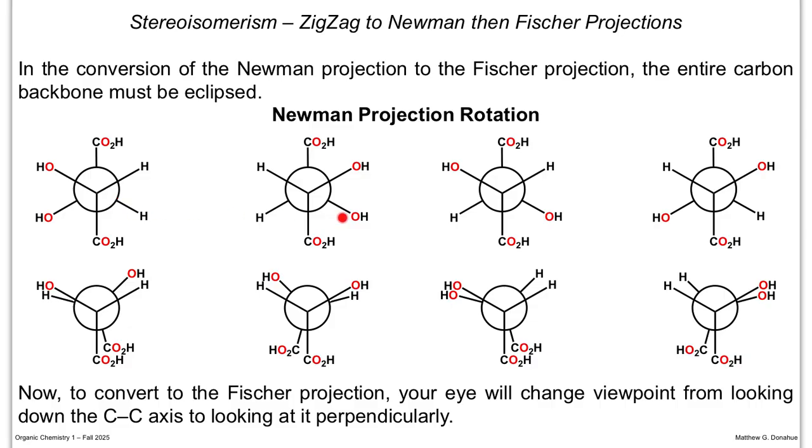So those are the 4 Newman projections. The structures below are the rotation about the C2-C3 bond. So it looks like we're taking, in this case, the back carbon and then rotating it to this syn or eclipsing interaction.